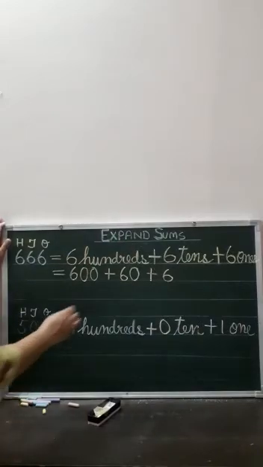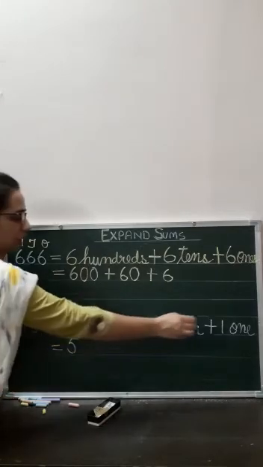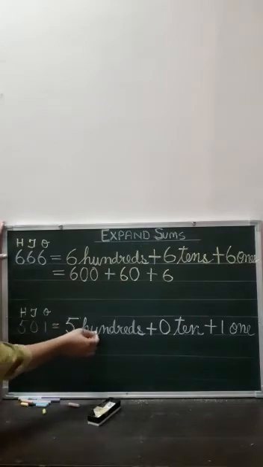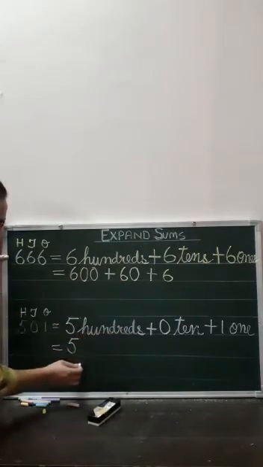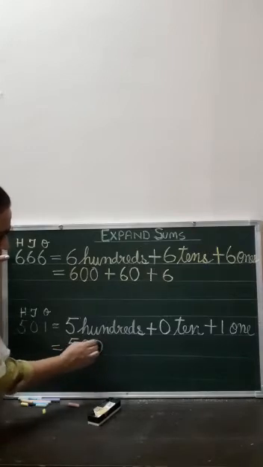Okay. Now convert it into the zeros form. This is the place value of the number. This is the standard number. This is the expanded form of the number. So 5 hundreds. How many zeros are there in 100? After writing 5, write down the zeros. There are 2 zeros.